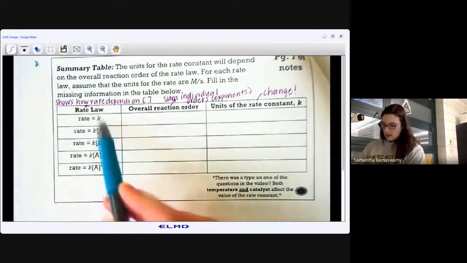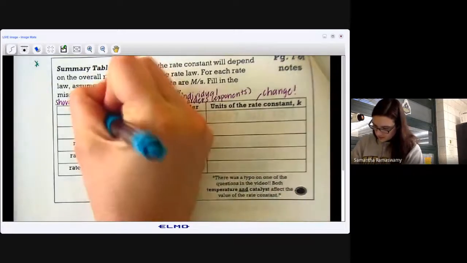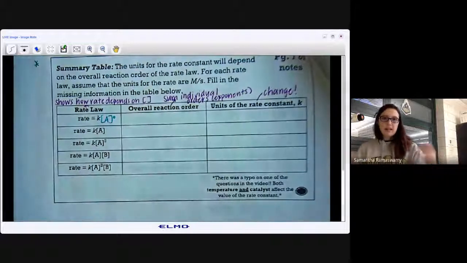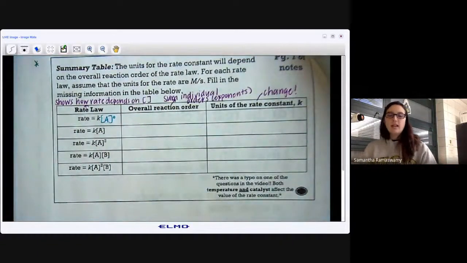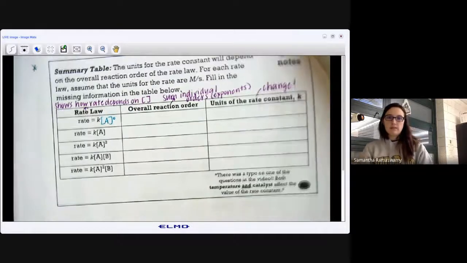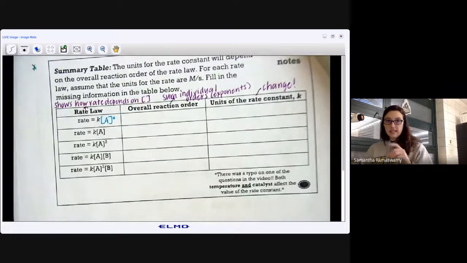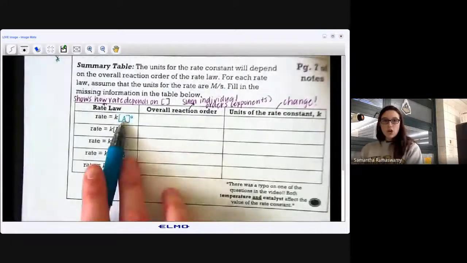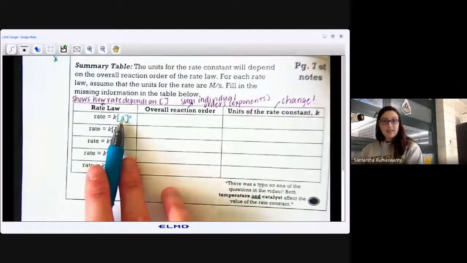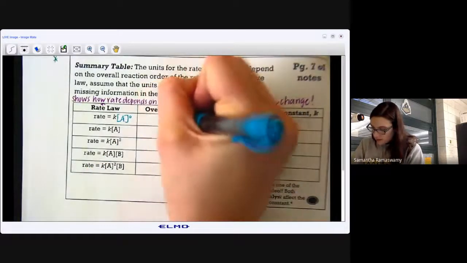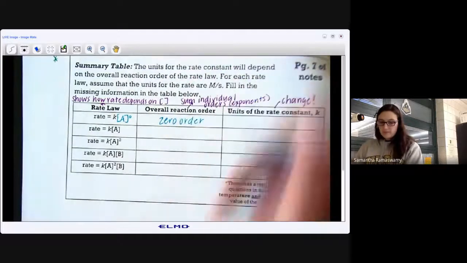Well, if you think about this, we're assuming A and B are the reactants here. If you have A or B to the 0 power, that's a 1, the actual numeric value 1. So if there is no reactant in here, that means it's 0 order.